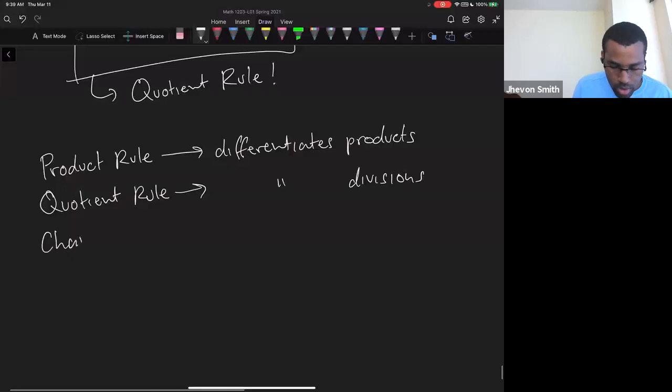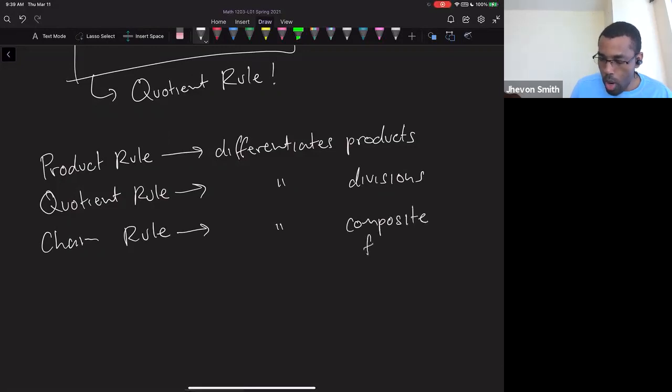The chain rule differentiates composite functions. So based on what you're looking at, you know what rule you want to pick. Now, the chain rule pretty much always applies. You can literally always use the chain rule every single time.